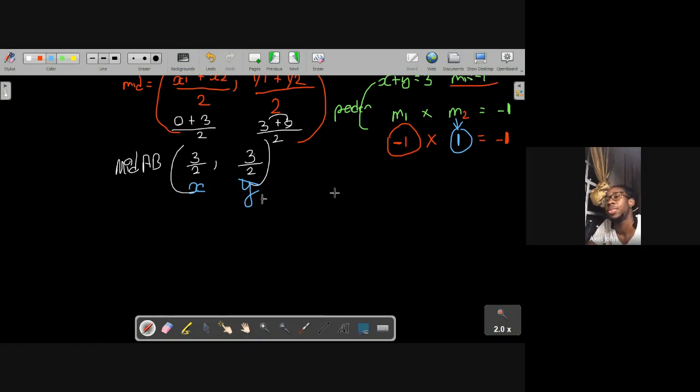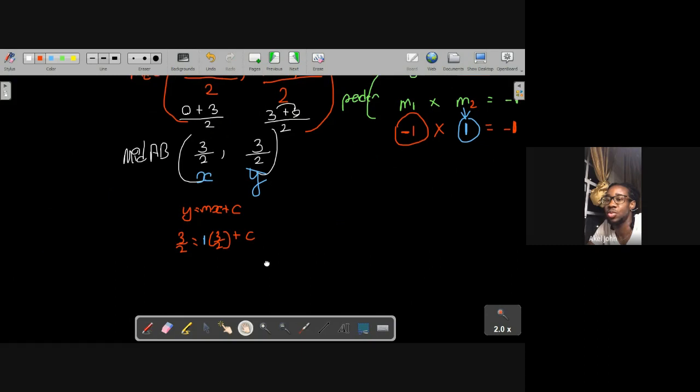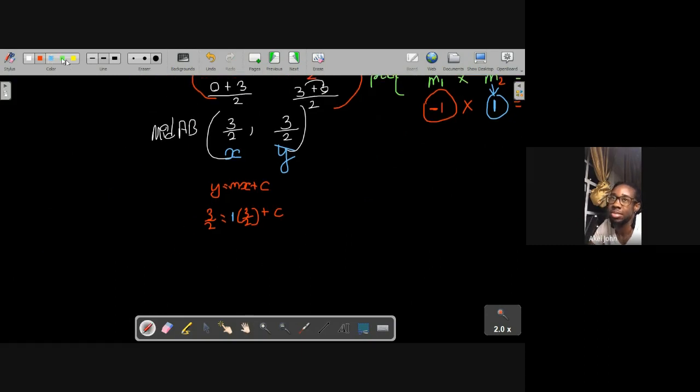So substituting what we know, y is equal to mx plus c, where y is 3/2, the gradient is 1, x is 3/2, plus c. We do know it, but to show that you're able to work it out, right?